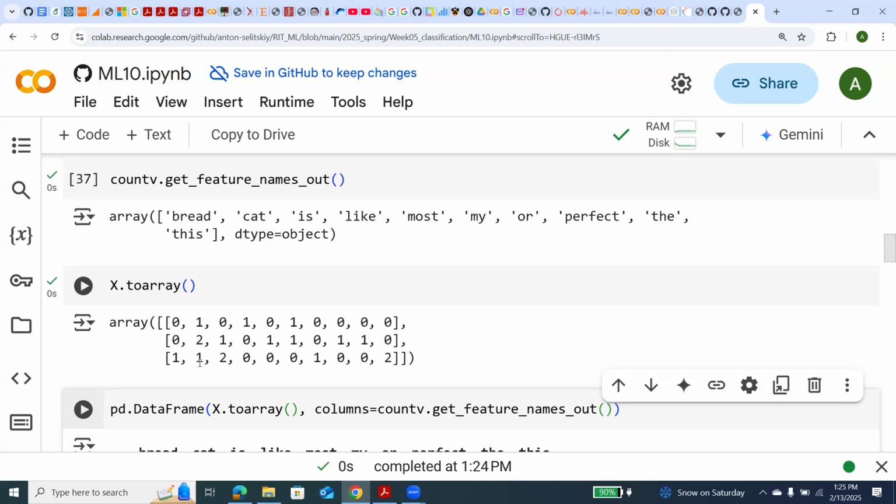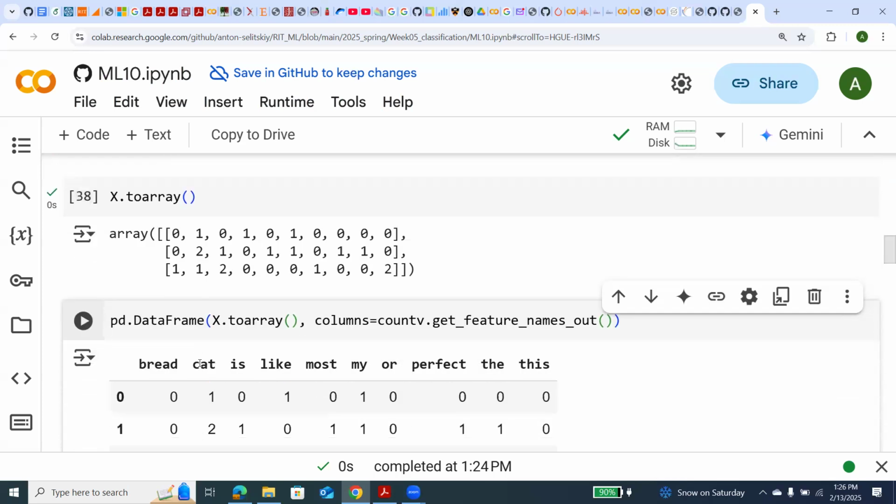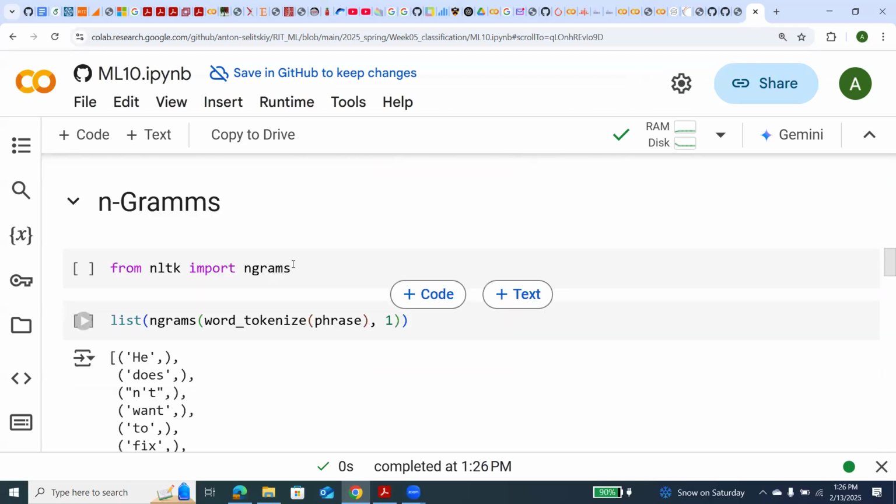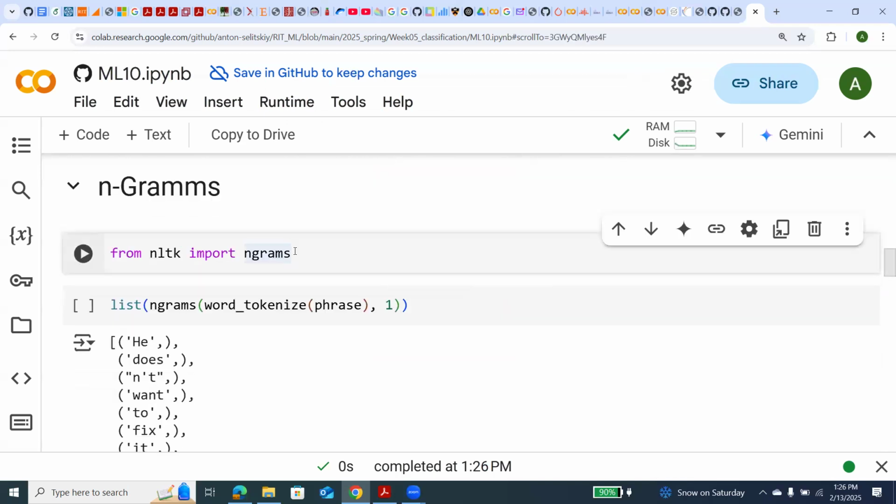If the token wasn't mentioned in our text, it will be 0. If it was mentioned, it will be just the number of times it appeared in our text. Does it make sense? So this is a toy example. Now let's apply count vectorizer to these 400,000 tweets. I will skip TF-IDF for now. If we have time, we'll go back to that.